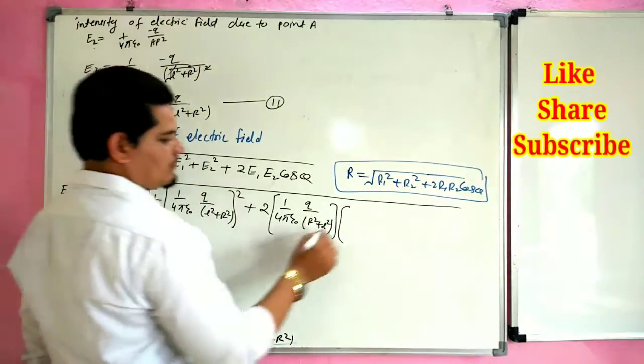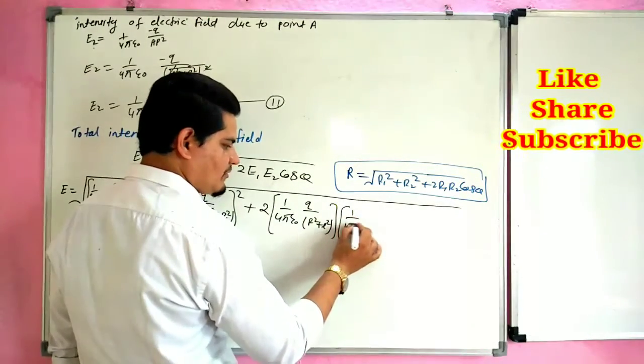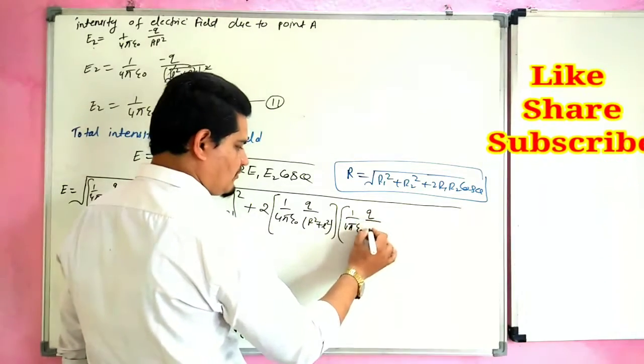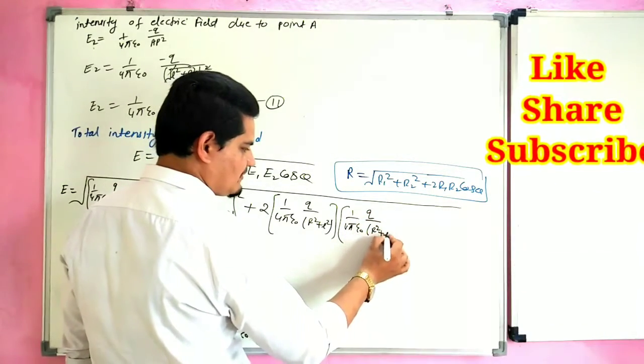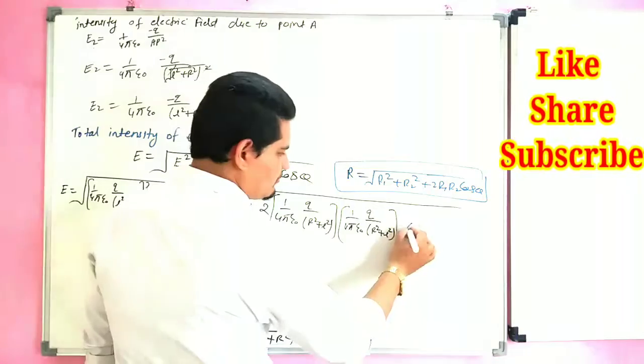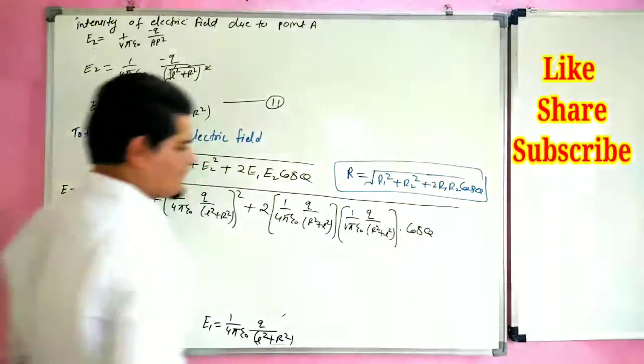1 upon 4 pi epsilon naught Q upon (R square plus L square) into cos theta.